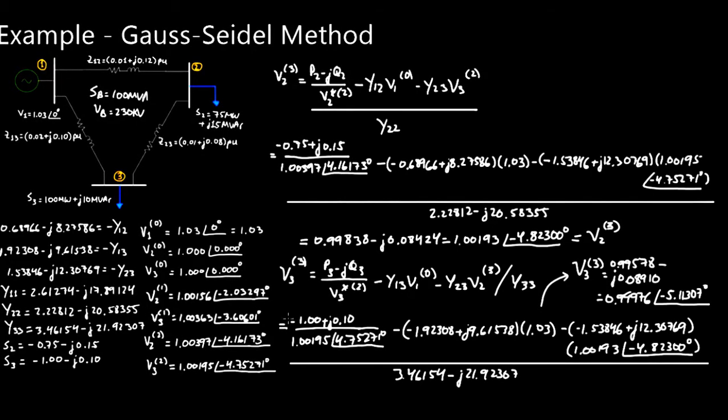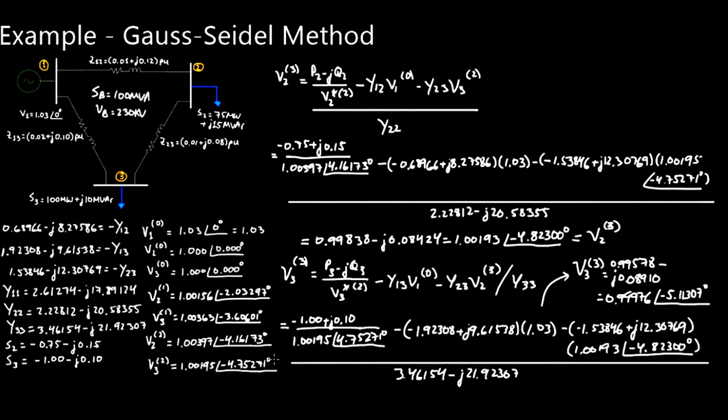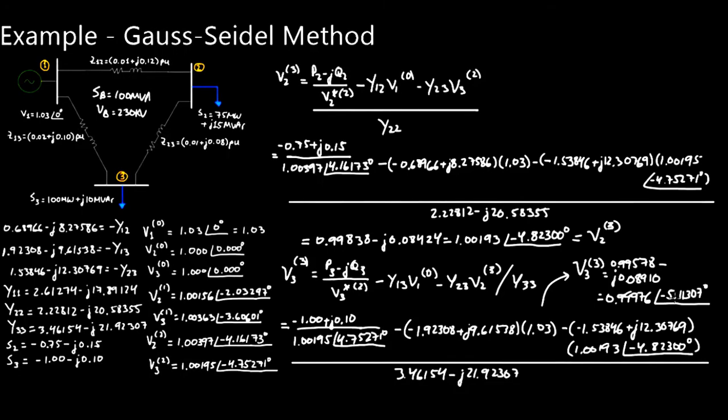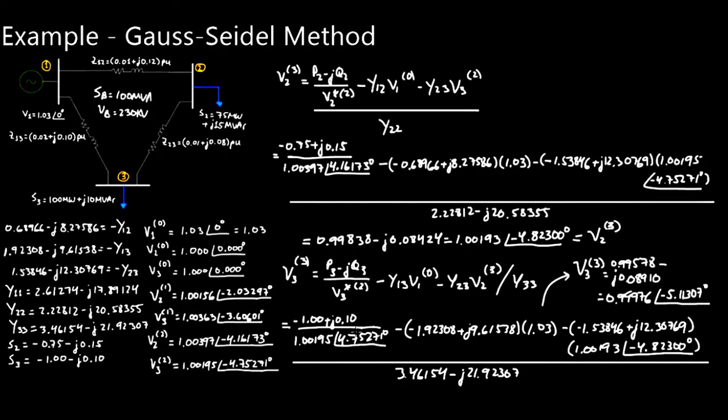Then from that to the second iteration, it changed by more than 1 degree, about minus 1.1 degrees. But from iteration 2 to 3, it only changed by about minus 0.4 degrees.